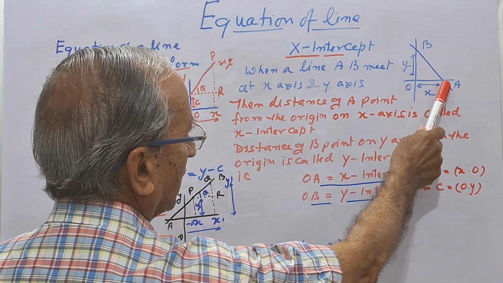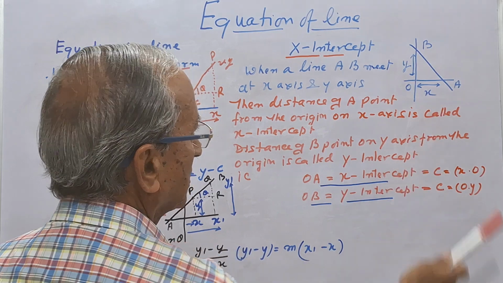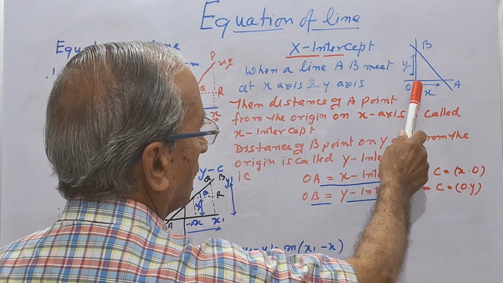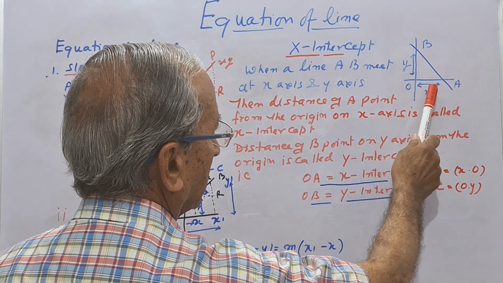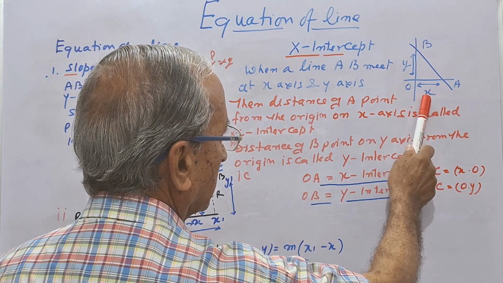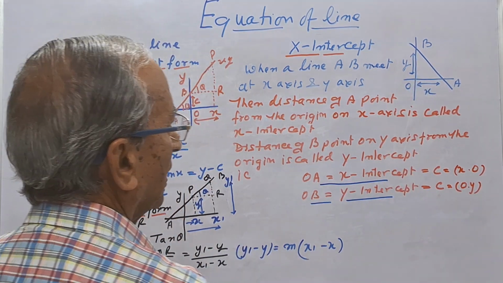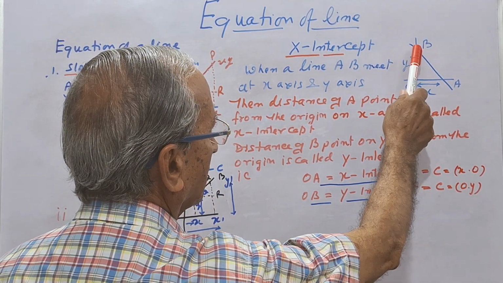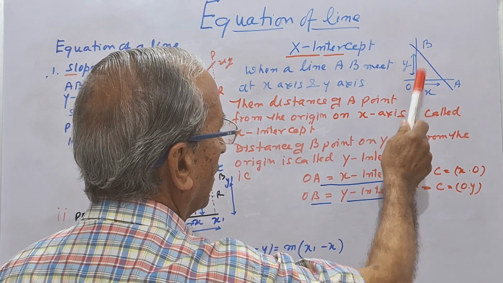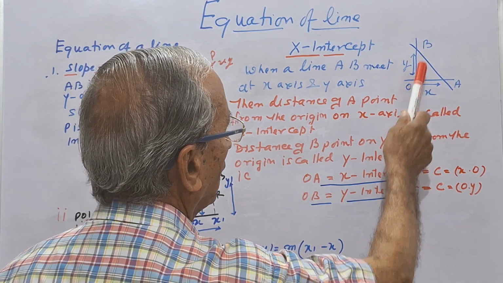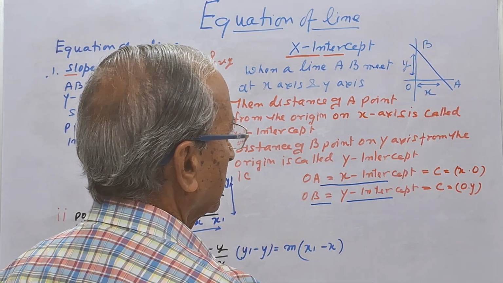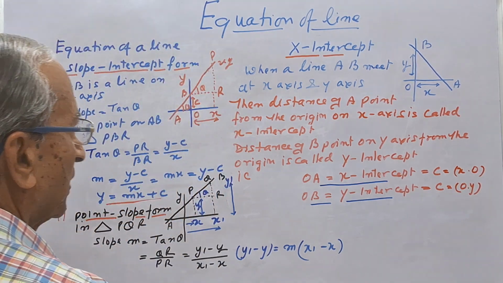Now here is a point A on the x-axis. It means OA is known as the x-intercept. And B, which is on the y-axis, OB, is known as the y-intercept.